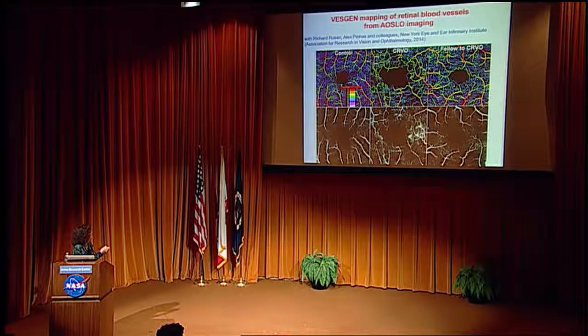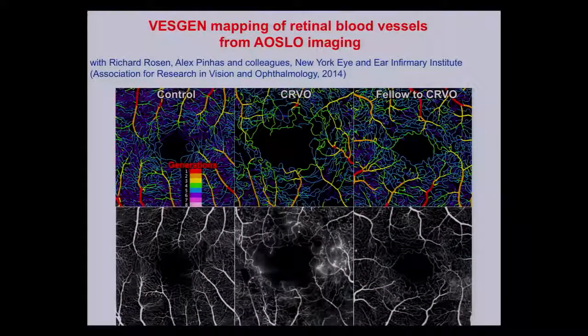So we were able to map the vessels and compare them with a normal healthy control where you see the avascular area of the macula, again, very important for human and primate vision, compared to the loss of vessels in CRVO and an intermediate state in the fellow eye of this particular patient.